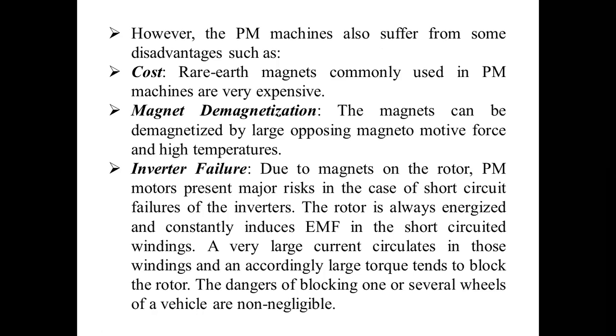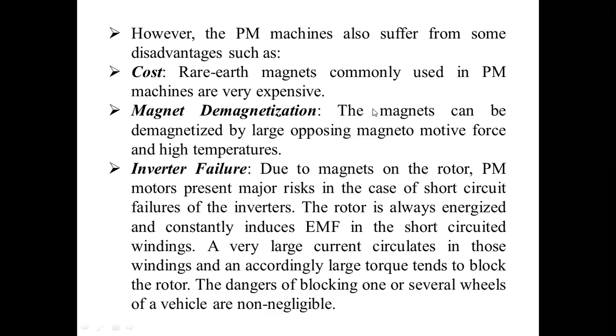Rare earth magnets commonly used in permanent magnets are very expensive. These rare earth magnets are made with alloy materials. We add all these materials and make a costly magnet.